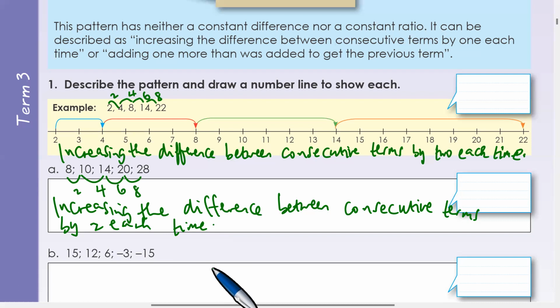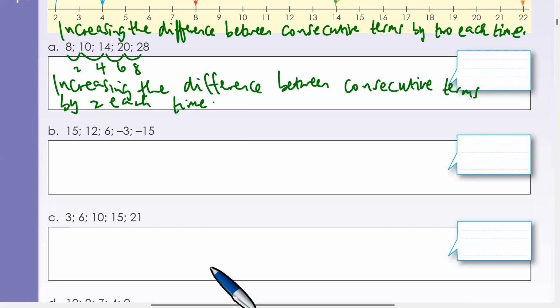Next, what do you think is happening in B? Are you able to see part B that I'm talking about? Describe the pattern there.